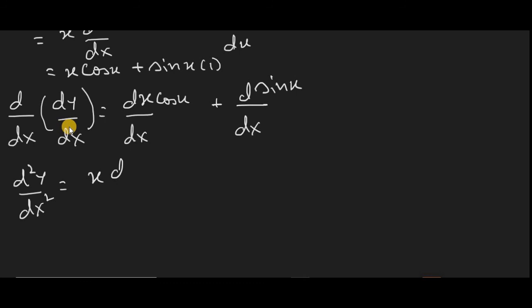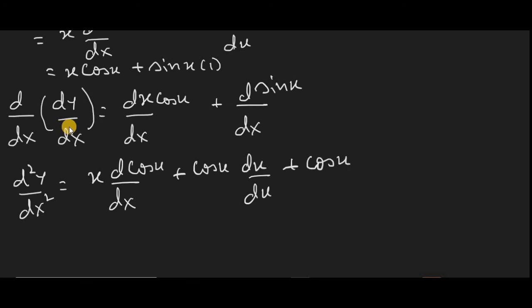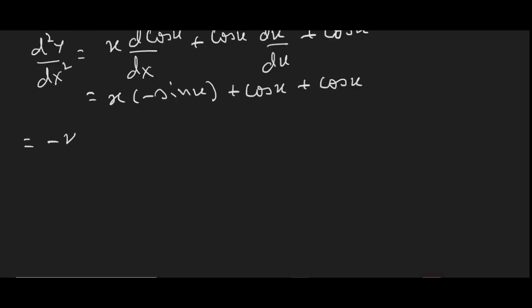So x d by dx cos x plus cos x dx over dx plus cos x. x into minus sin x plus cos x plus cos x is minus x sin x plus 2 cos x, which is the second derivative.